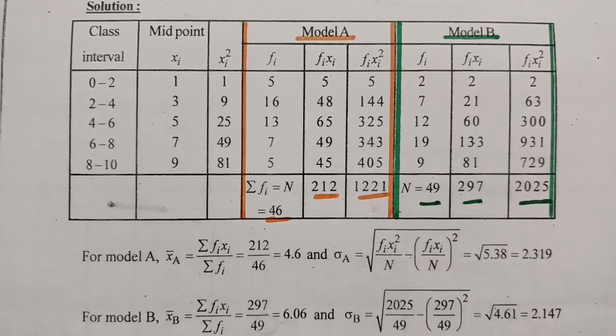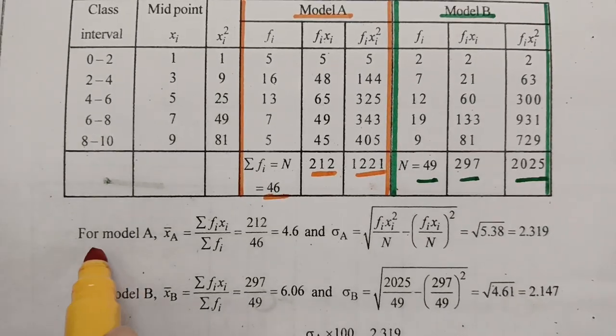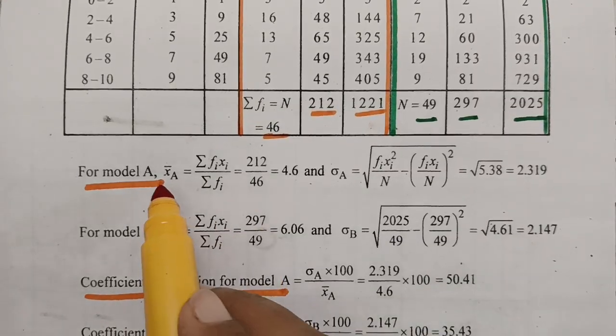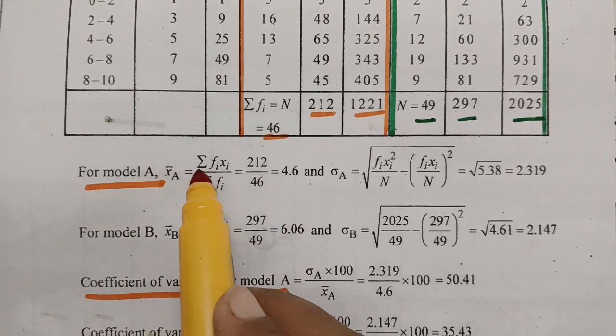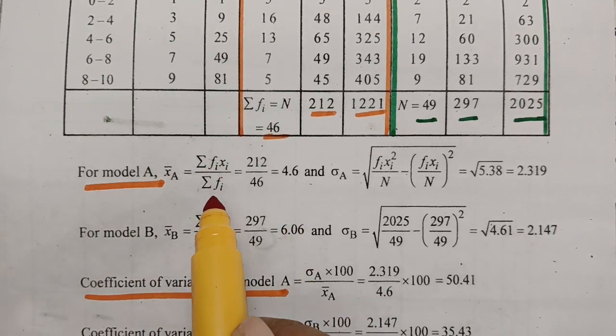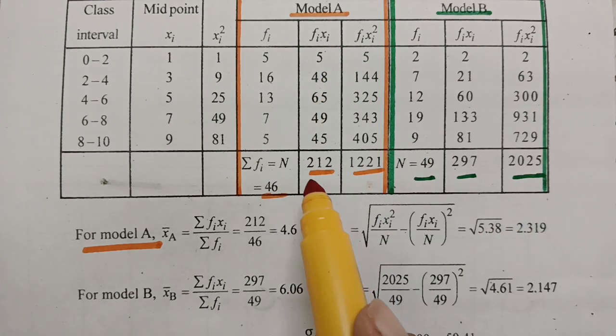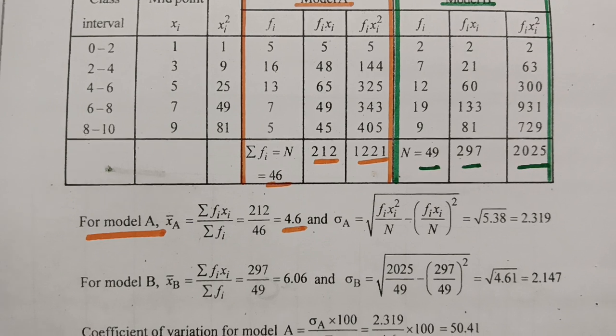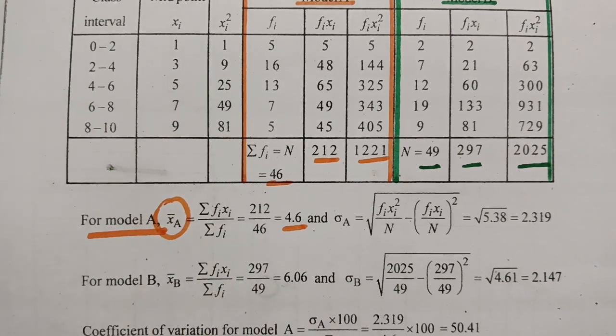Now we have to find the mean out of it. For model A, x bar is equal to sigma fi xi by sigma f. So sigma fi xi, the value is 212 by 46, this is 4.6 is the x bar value.